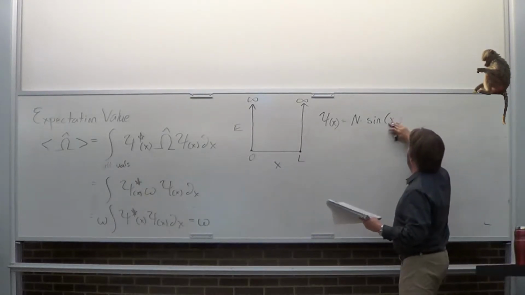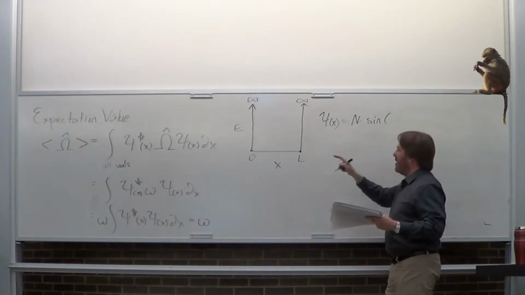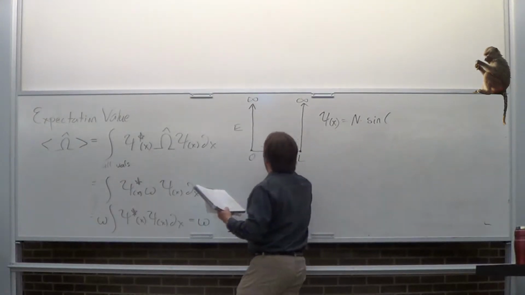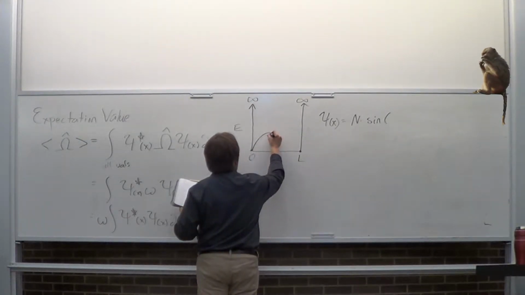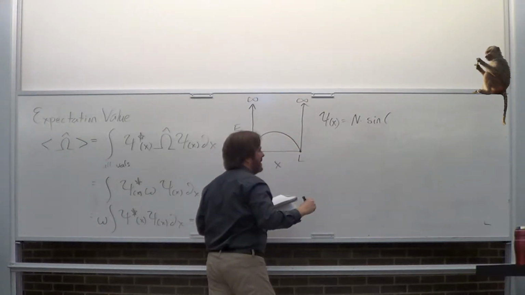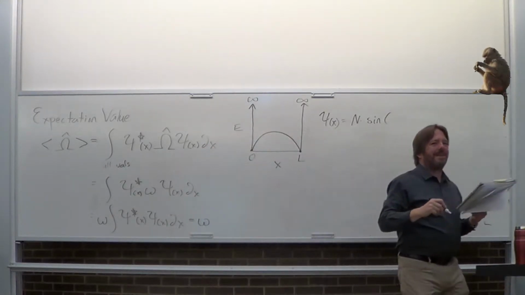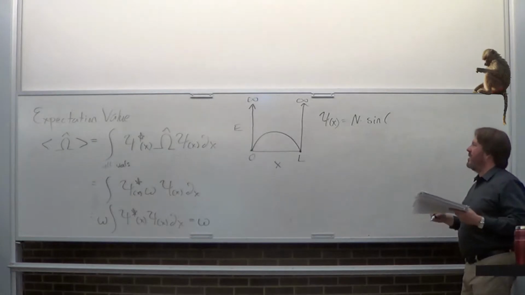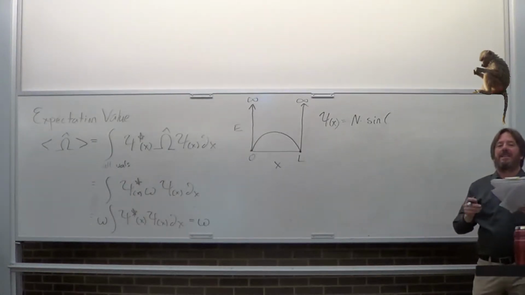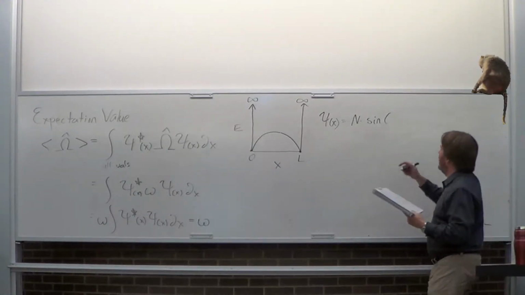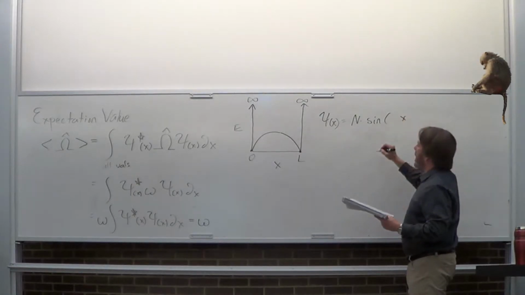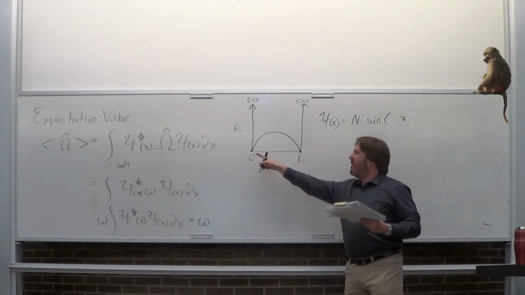Okay, what's k though? Now hold on. Let's think about what's the first solution we can have. It's going to look like this. So you can give me what k is. You're right, it is kx, but you should be able to figure out what k is. Okay, sine of 0 is 0.